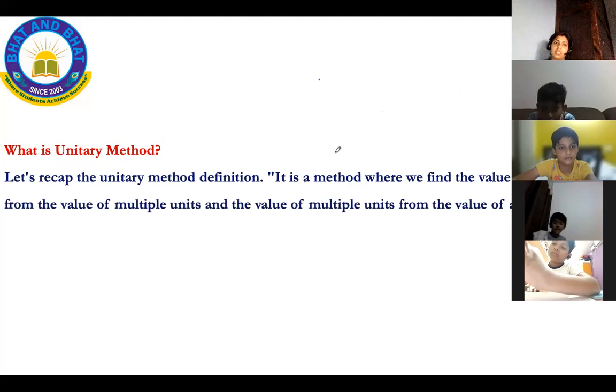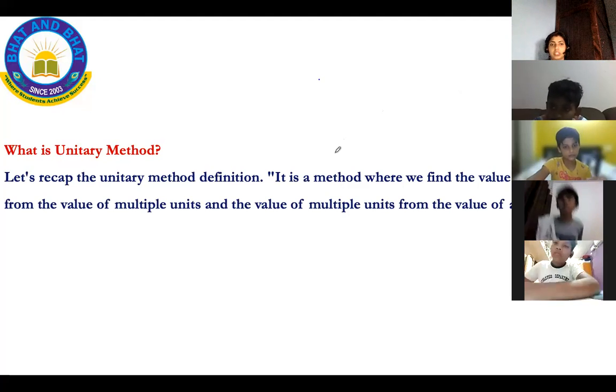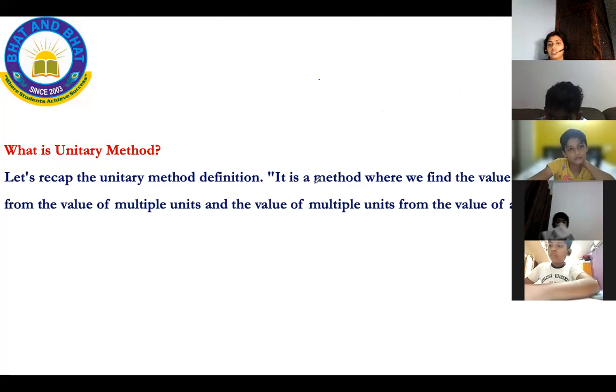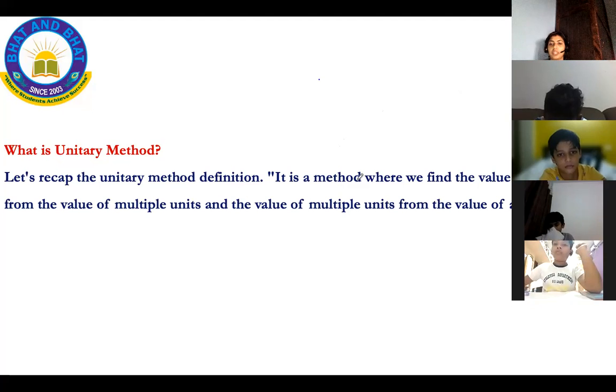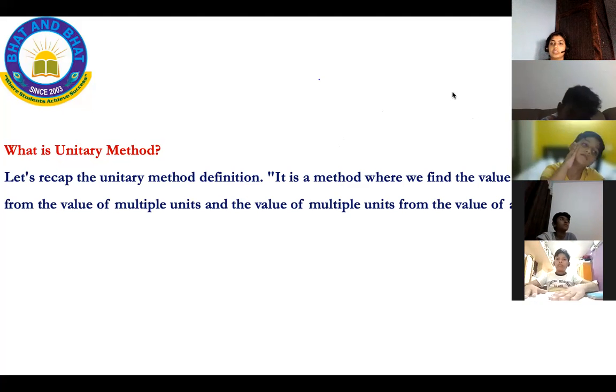Okay, then let us understand what this is. What does the definition of unitary method say? It says that it is a method where we find the value of a single unit from the value of multiple units, and the value of multiple units from the value of a single unit.